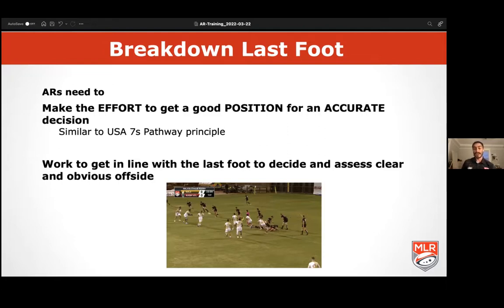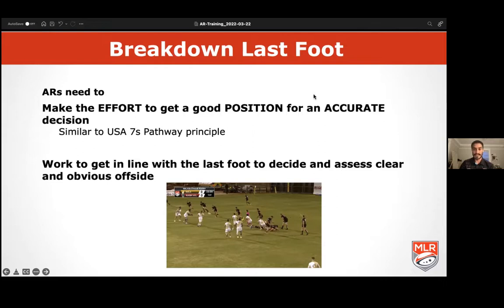So here we're talking about making sure that both ARs, both leading and trailing, are working hard to get in line with the last foot at the ruck, to make sure that if there's any player on either their left or right, depending on how they're looking at the field, they can clearly tell the referee who's offside, who's never been onside. So again, work to get in line with the last foot.